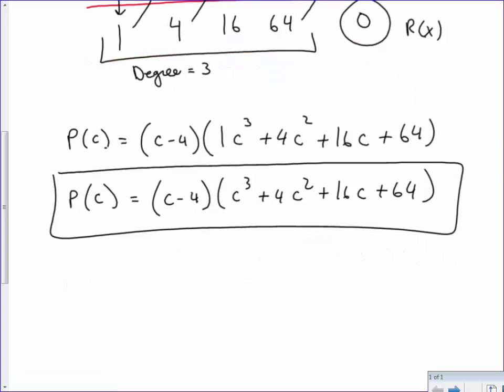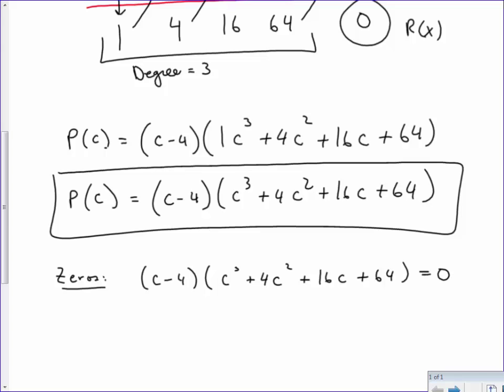From here, this example has also asked us to find the zeros of the function. And so to find the zeros, I would need to set this whole right-hand side equal to 0. So c minus 4 times that factorization equal to 0. From here, we want to see if we can factor further.